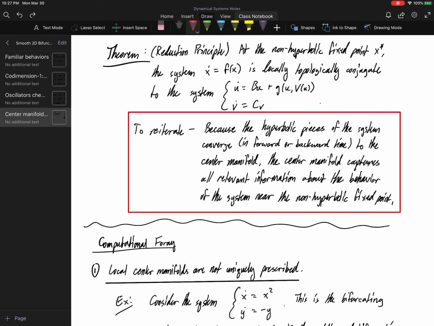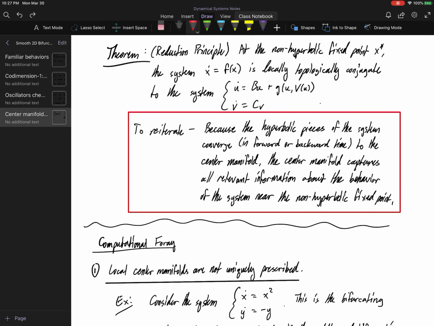So, in the previous video, we started talking about the Center Manifold Theorem and why we care about it. And we ended by talking about this reduction principle that's effectively our Hartman-Grobman theorem for non-hyperbolic fixed points. So remember, Hartman-Grobman is saying that you can linearize around a hyperbolic fixed point and get the same dynamics as you would in the nonlinear system.